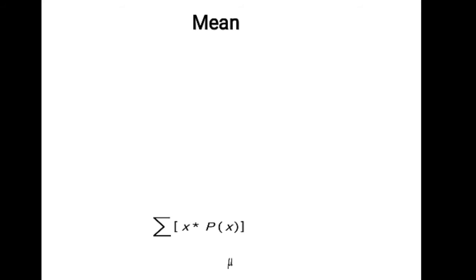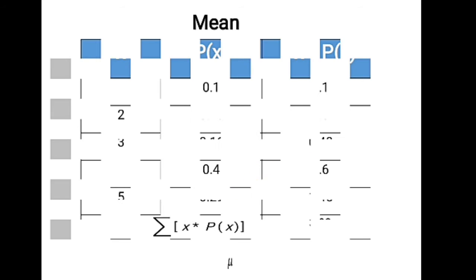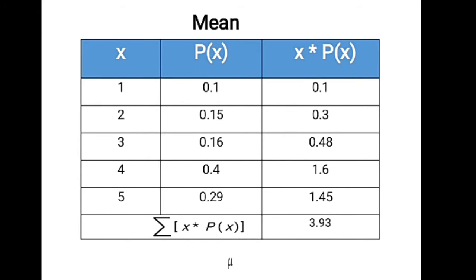So how to find the variance? How to find the mean? We cannot easily find the variance and the standard deviation without first finding the mean. So first, this is the given column, the first column.